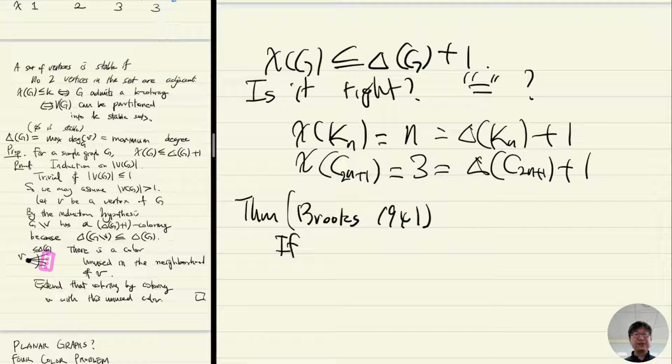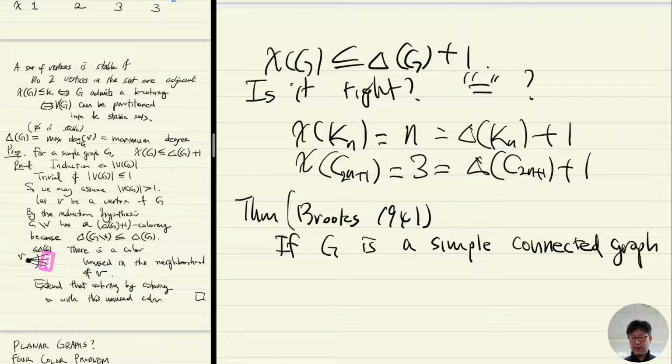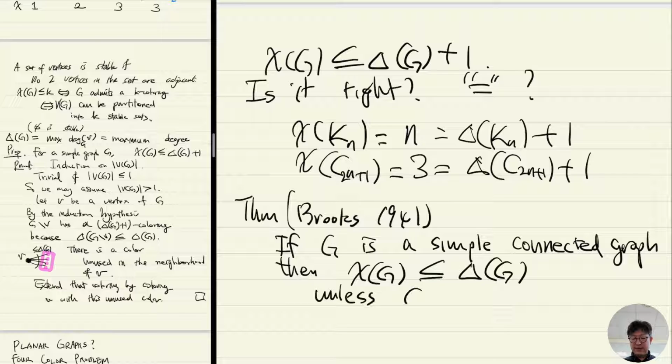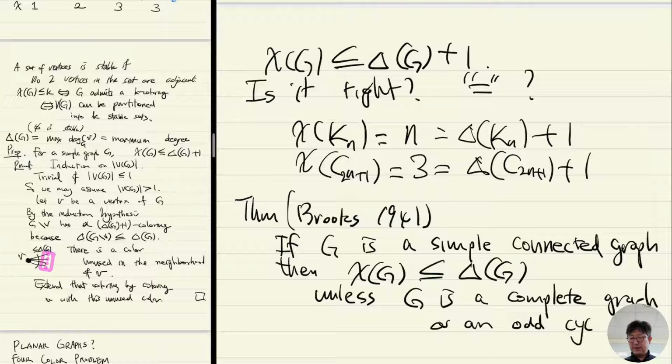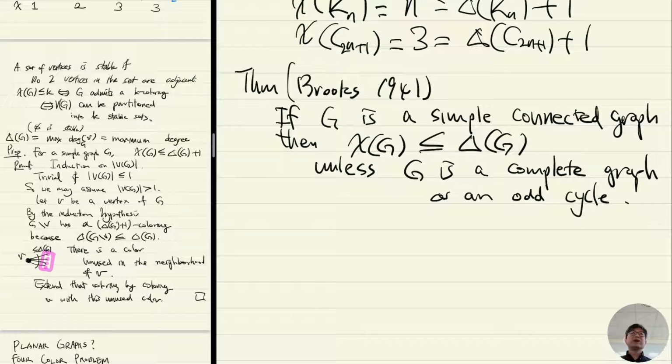So as long as the graph is connected, if G is a simple connected graph, then chromatic number is at most maximum degree unless G is a complete graph or an odd cycle. Okay, unless the graph is a complete graph or an odd cycle, the chromatic number is at most delta.